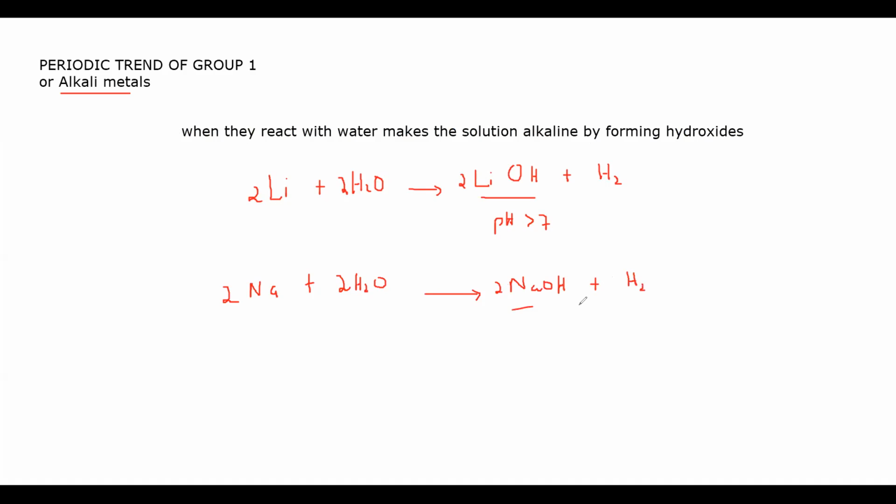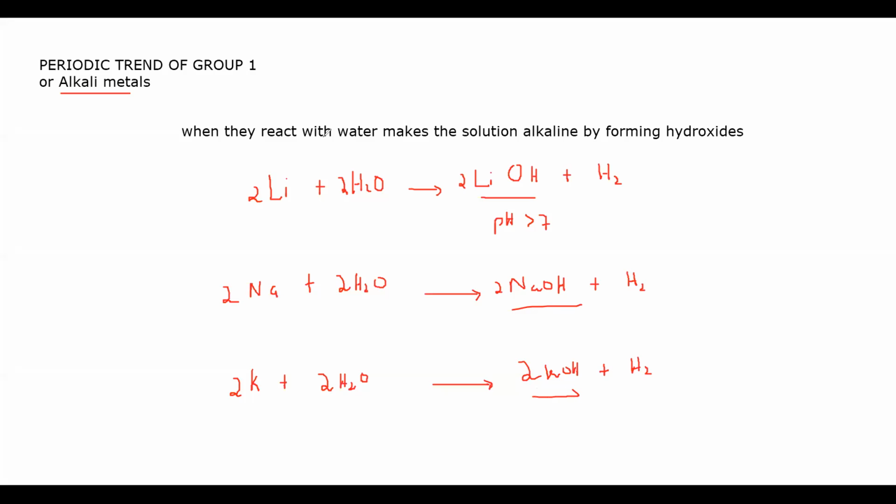Again, the solution is alkaline because of the presence of the hydroxide or OH ion. In the same way, if potassium reacts with water, it forms potassium hydroxide, KOH, which makes the solution alkaline, and gives off hydrogen.